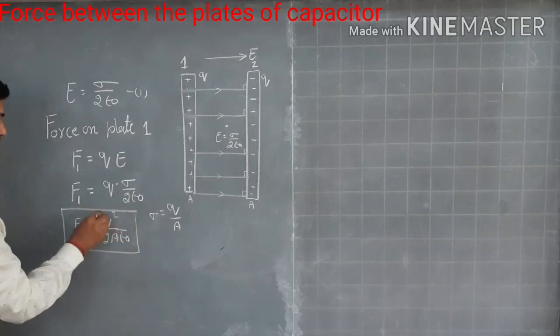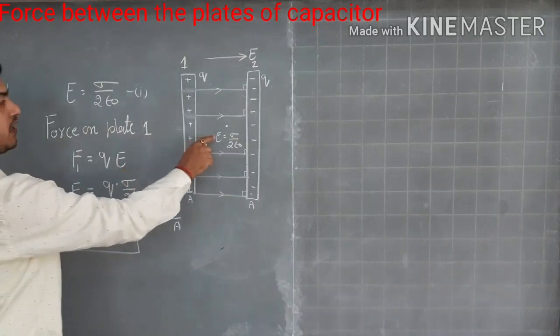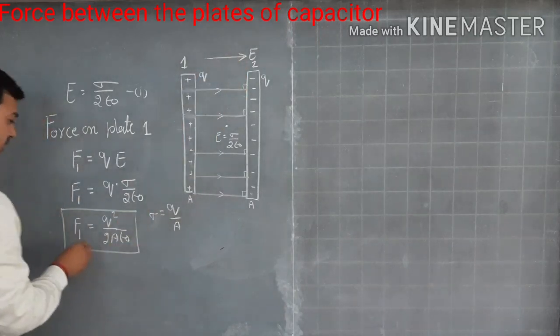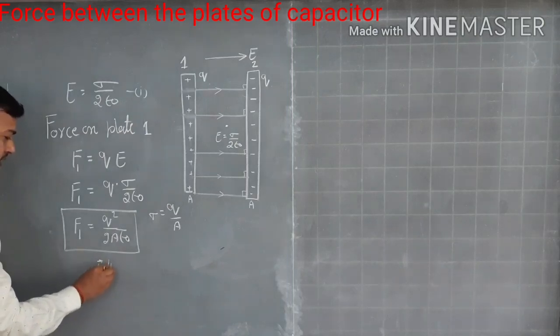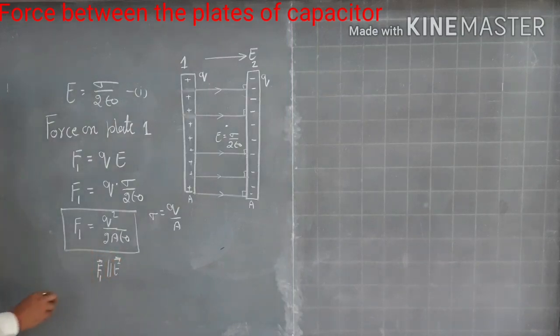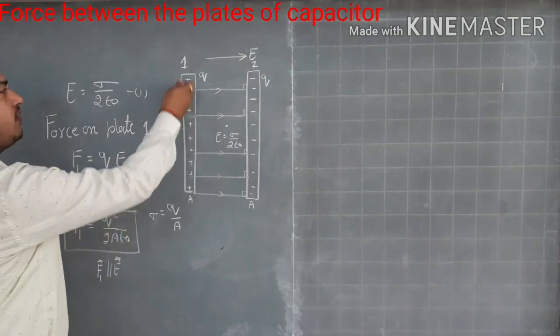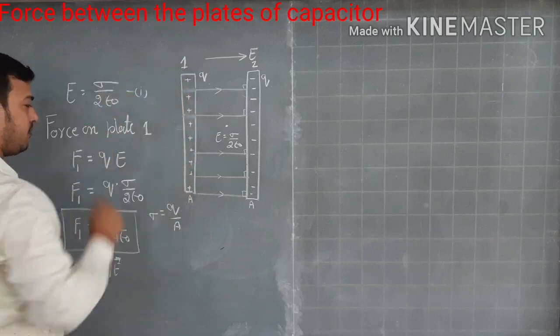This force is in the same direction as the electric field, which means force and electric field are both parallel to each other. So this is the amount of force that will act on this second plate.